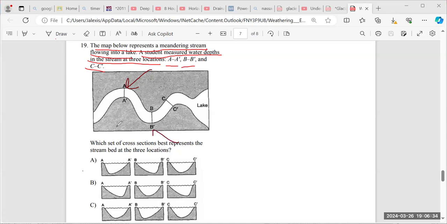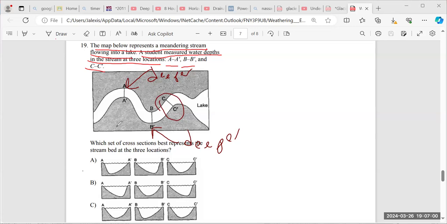And B prime is also on the outside of the curve, which lets me know the water level has to be deeper. So the water level has to be deeper at A, and the water level has to be deeper at B prime. Now, on this part of the stream that we see here, it's not necessarily on a curve.